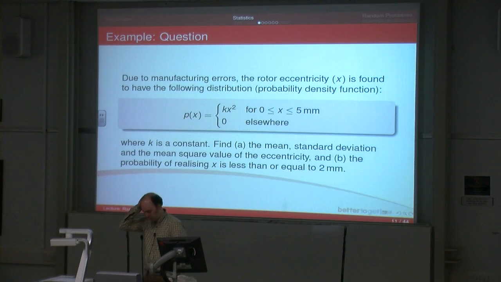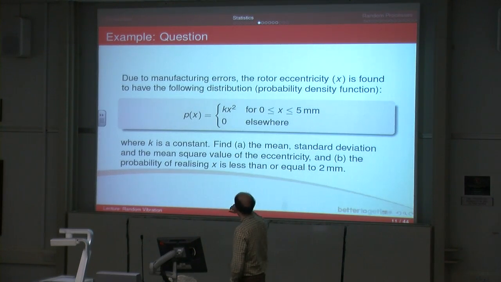So let's do an example. Due to a manufacturing error, the rotor eccentricity, we're making a rotor, is found to have the following distribution, or PDF, where P of x is kx squared from 0 to 5 millimeters, and 0 elsewhere. So we've got some function of x squared.